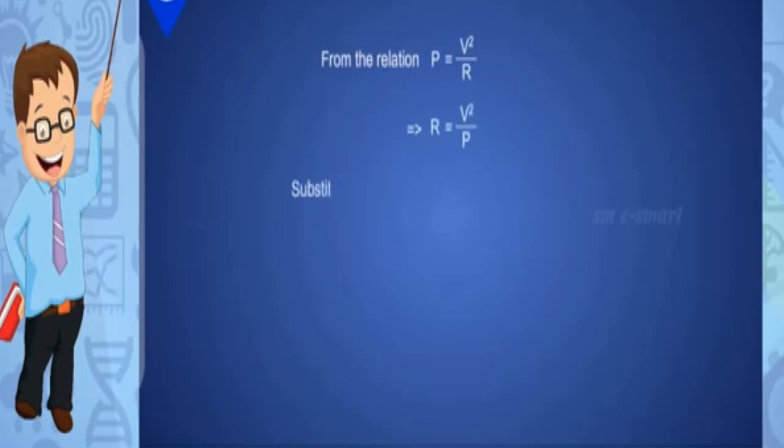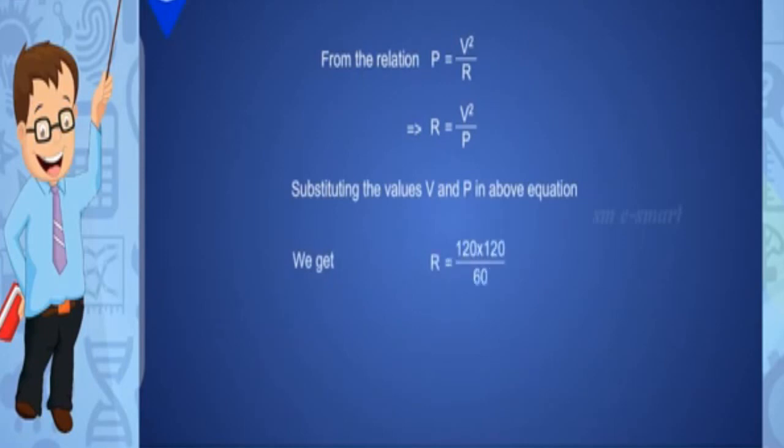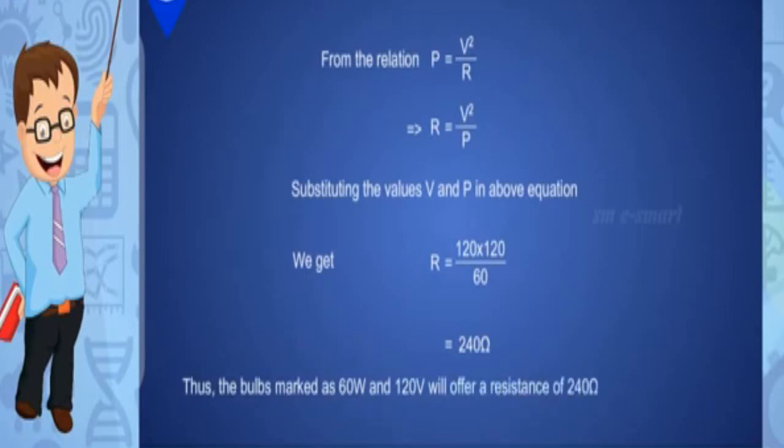Substituting the values of V and P in the above equation, we get R equals 120 into 120 by 60, equals 240 ohms. Thus, the bulb marked 60 watts and 120 volts will offer a resistance of 240 ohms to the current flowing through it in normal condition.